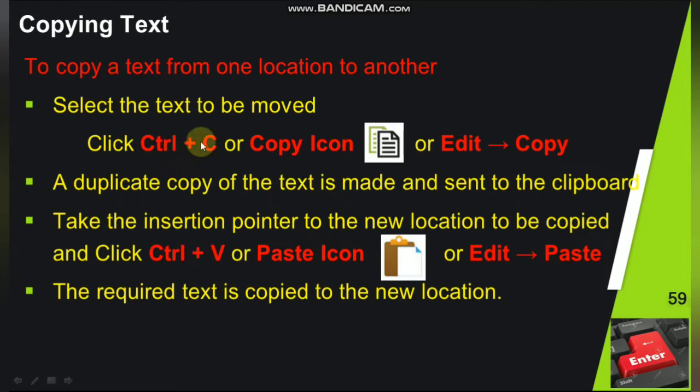The original file will never get removed or deleted. A duplicate copy of the text is made and sent to the clipboard. Take the insertion pointer to the new location to be copied. Press Ctrl plus V, same as we did in cut and paste. So Ctrl V is for paste, or you can use this paste icon, or you can use the Edit menu.